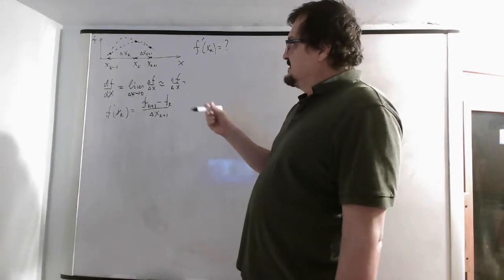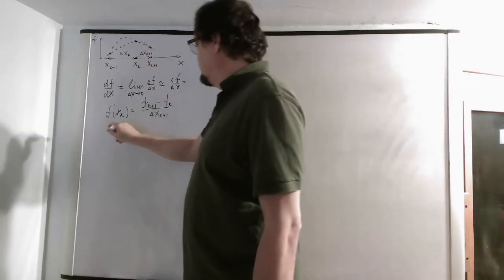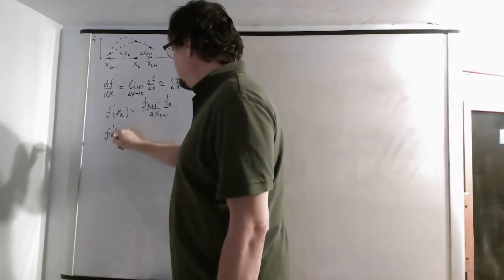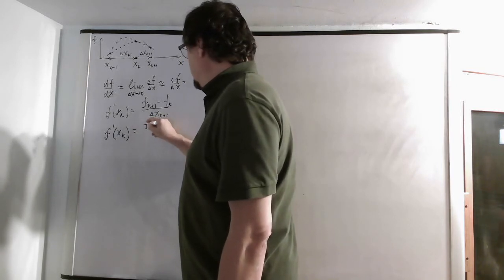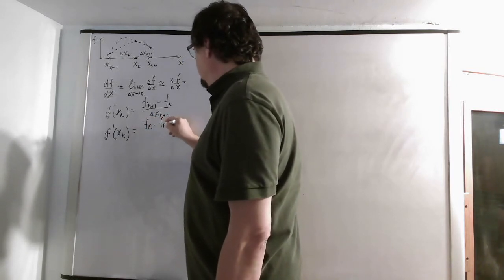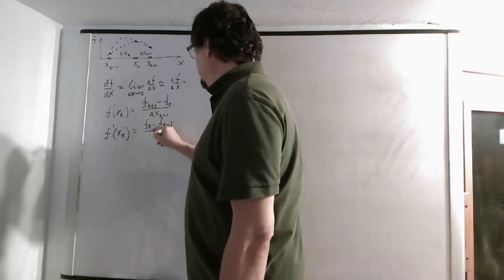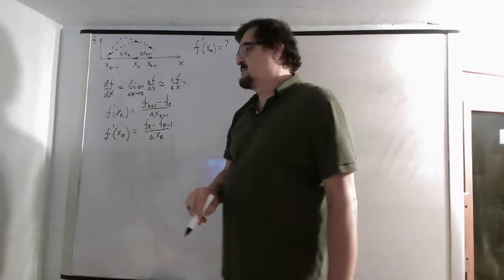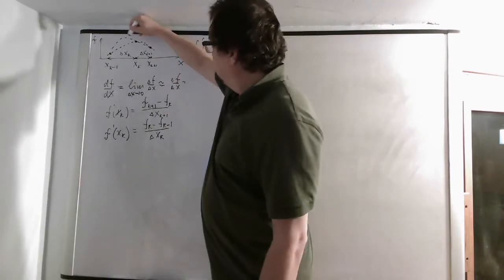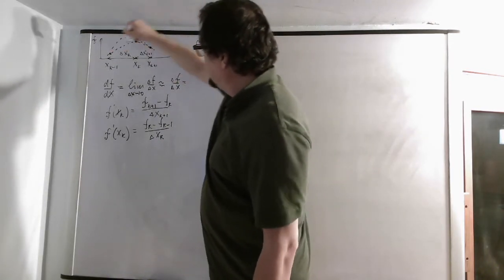But on the other hand, why use only these 2 points? You can also write that your first derivative at xk equals fk minus fk minus 1 divided by delta xk. So instead of using this line, we now use this line.